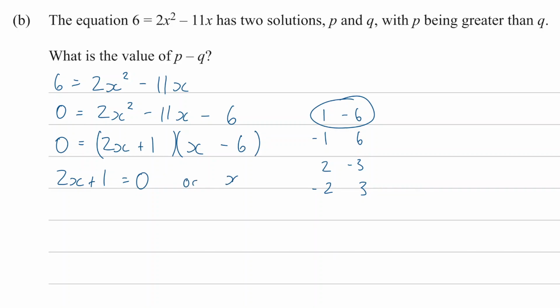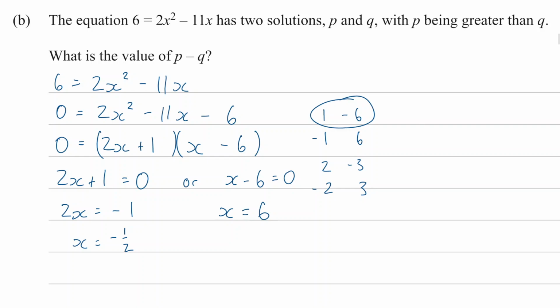Or x minus 6 could equal 0. So either set of brackets equals 0. Now we solve for x. On 2x plus 1 equals 0, subtract 1 from both sides, divide both sides by 2. If x minus 6 equals 0, add 6 to both sides, in other words, x equals 6.